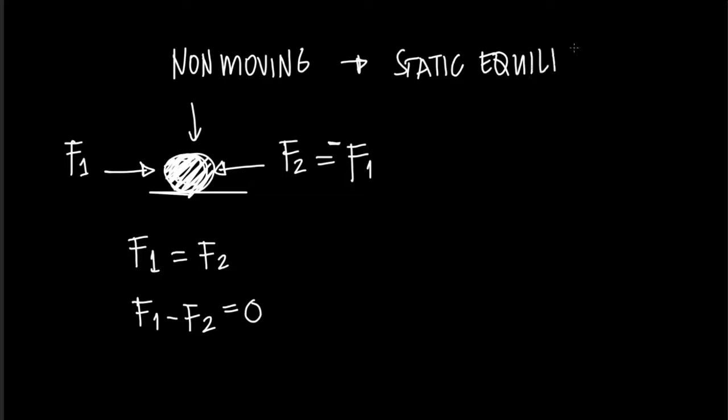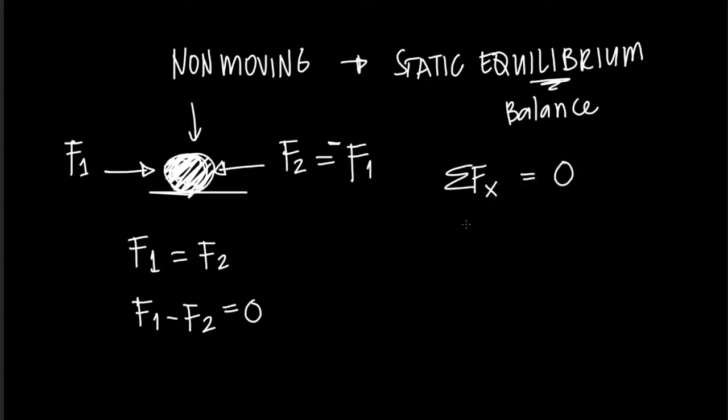From the word static, it means non-moving. Equilibrium just means balance. If that is the case, the sum of your forces along the x-axis, or your x components, will be equal to 0, and your y components are all equal to 0 as well.